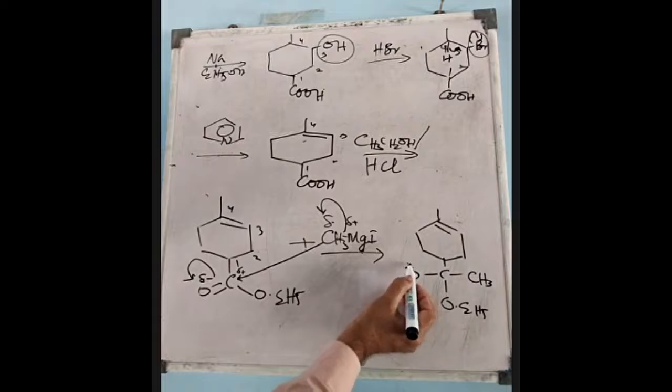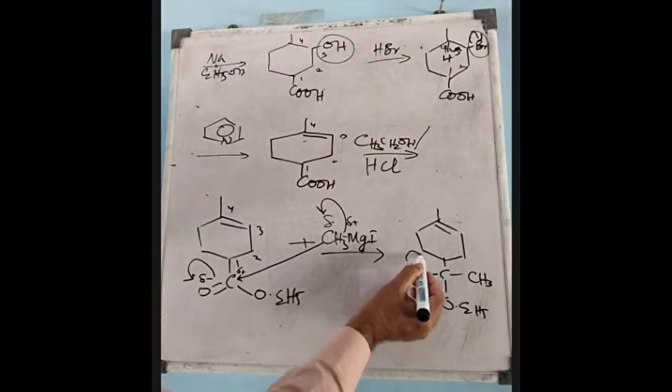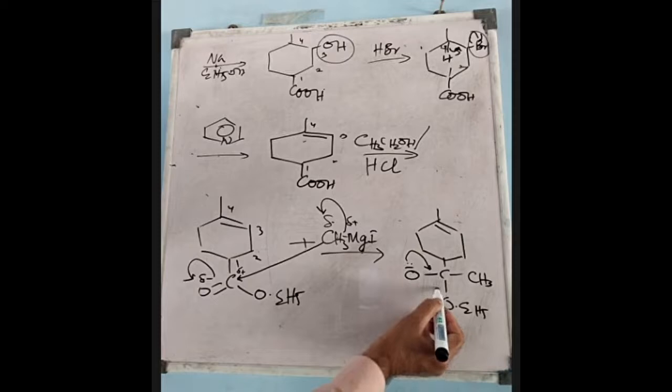Then in this reaction, the negative charge, meaning the electron pair, will come back and the ethoxy group will be given out.